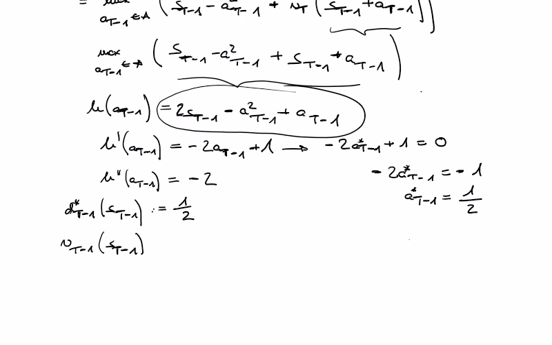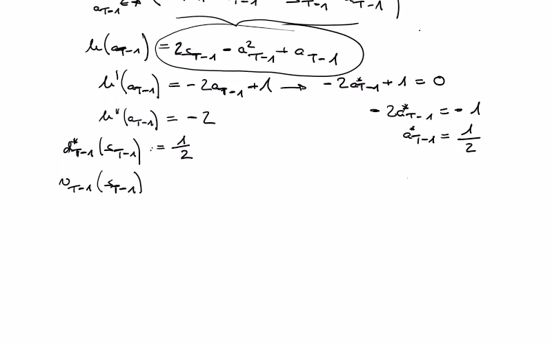And that means that we have to put in the optimal action for a_{t-1} in both cases. So this stays 2s_{t-1}. And then we have minus 1/2 squared plus 1/2.